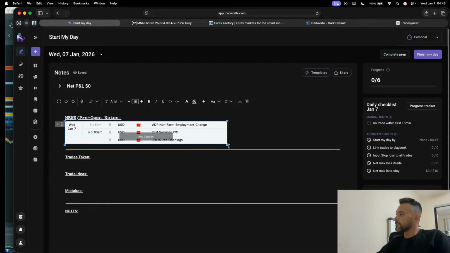We have 50. So the open is set. So I'm going to put pre 15 mid. Sorry, MNQ mid.